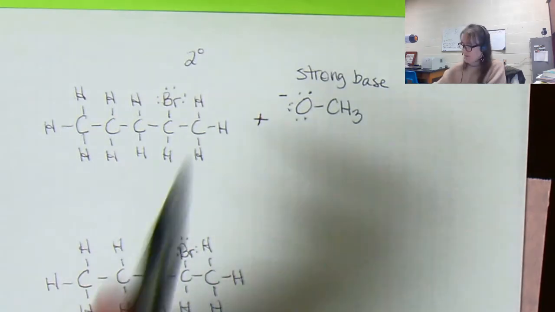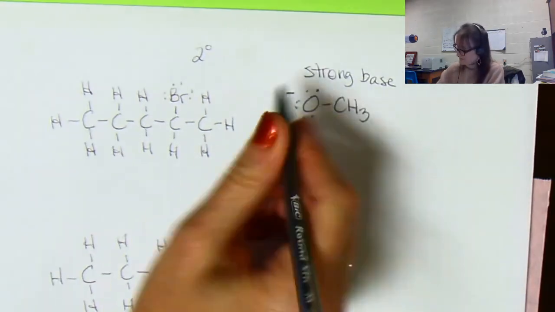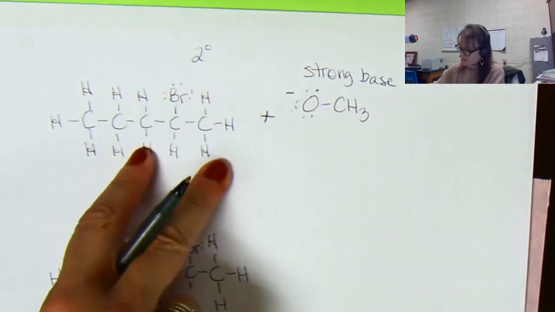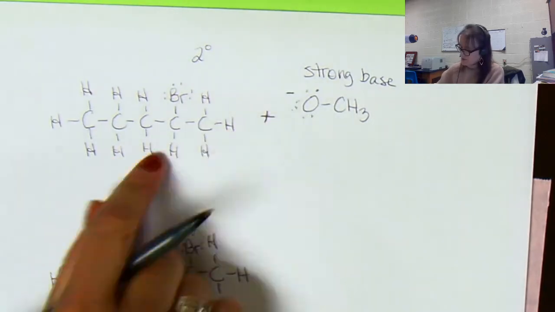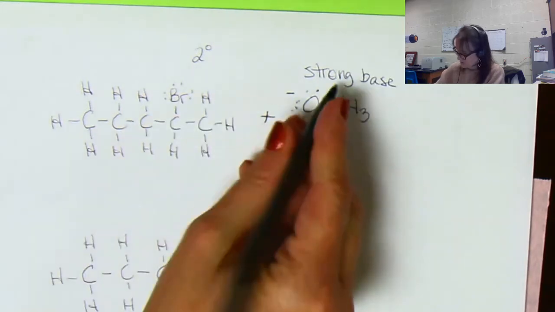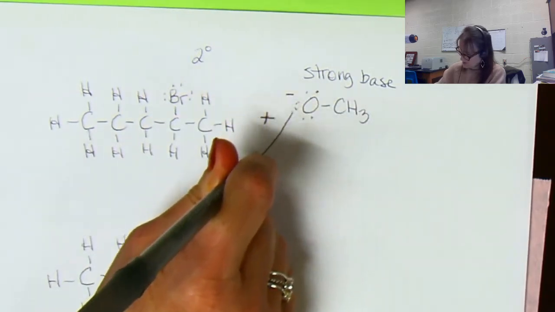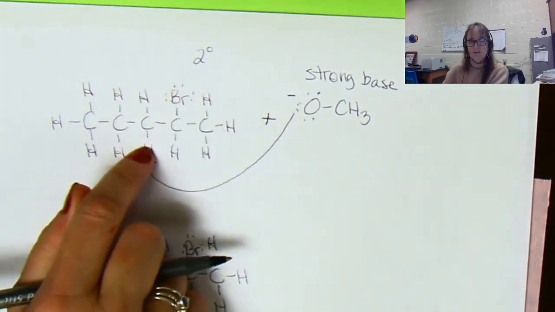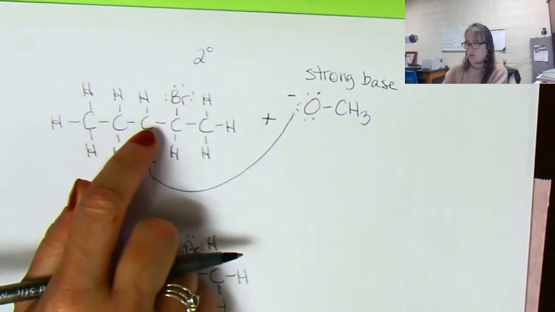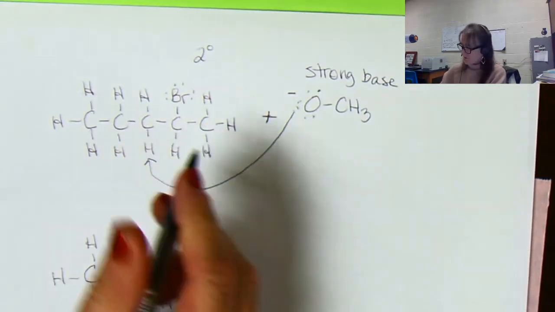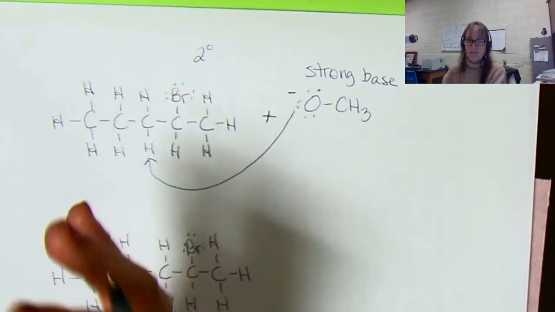And so this chemical here, this oxygen, we got 2 adjacent hydrogens over here, 2 carbons. We're going to show it going after one of the interior carbon's hydrogen, not the one at the end. Okay, so this is going to end up being an elimination reaction.